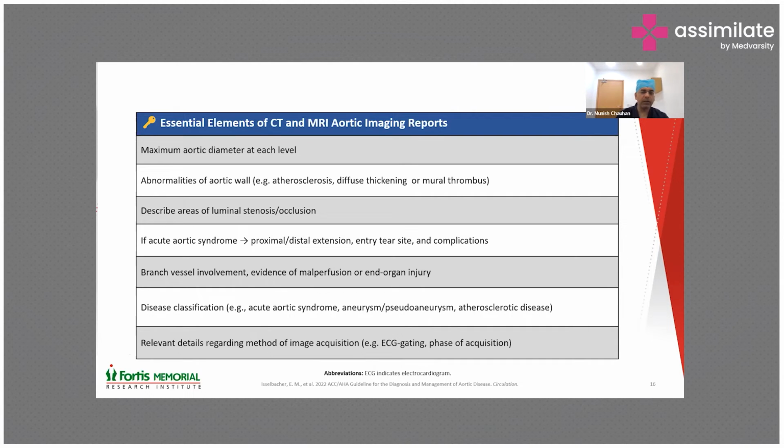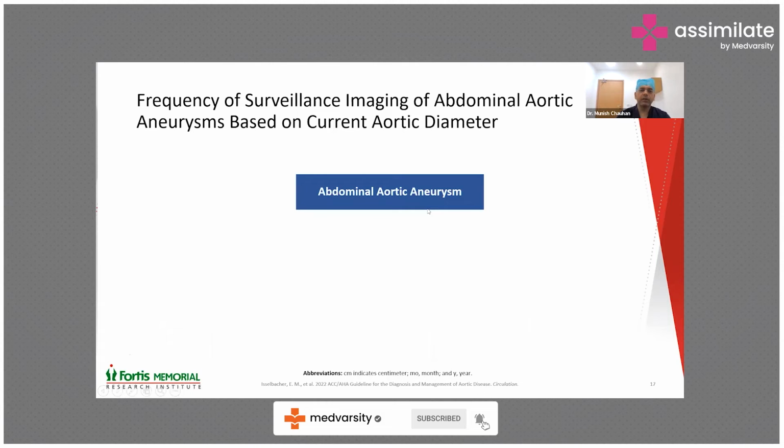If there is stenosis or any occlusion, that needs to be described. What is the extent of the disease, whether any dissection or tear is there, what branches are involved, and what type of disease or cause we feel might be there, if it is visible in the report.